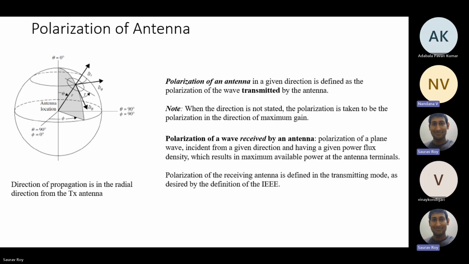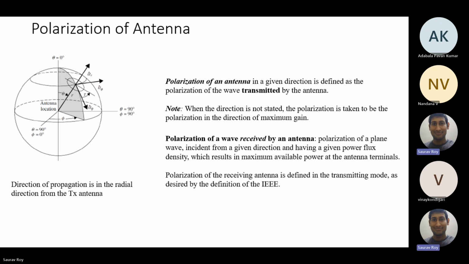Now come to the next points. Note: when the direction is not explicitly stated, the polarization is taken to be in the direction of maximum gain. In the far field it can be many other directions, so we take the polarization in the direction of maximum gain.